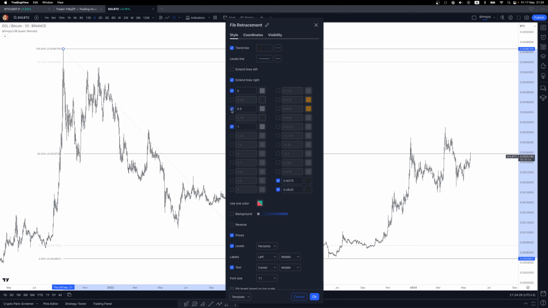So if we take 50%, 75% is the half point between 50 and 100, right? If we divide it again, you get 0.875, right? It's the half between this and this, right? And if we then add 0.9375, it's exactly the midpoint between this one and this one, right?